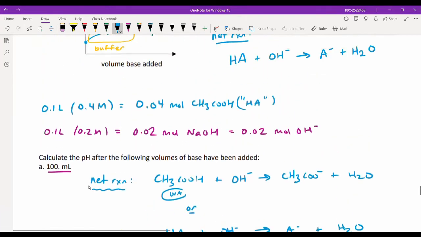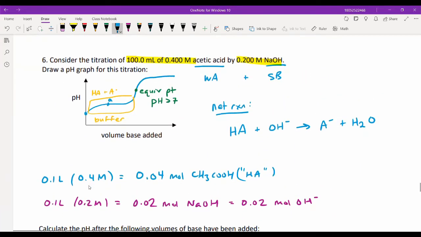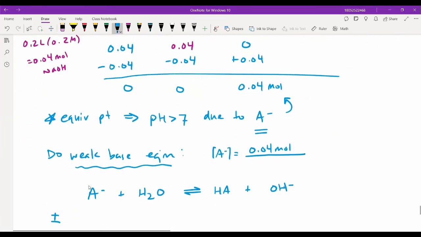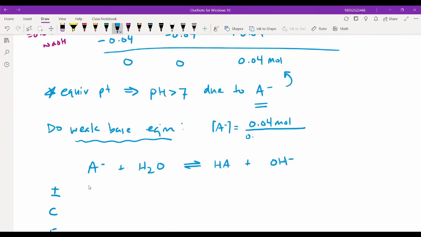So you're starting with 100 mils of the acetic acid, and at this point we've dropped in 200 mils of the base, so it should be a total of 0.3 liters, and that would give us 0.133, and then we can put that in here.